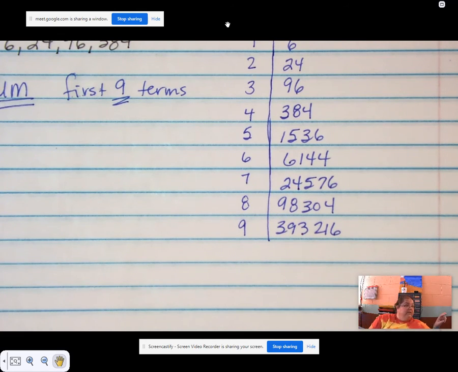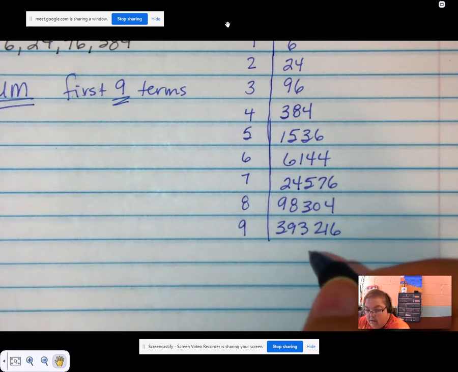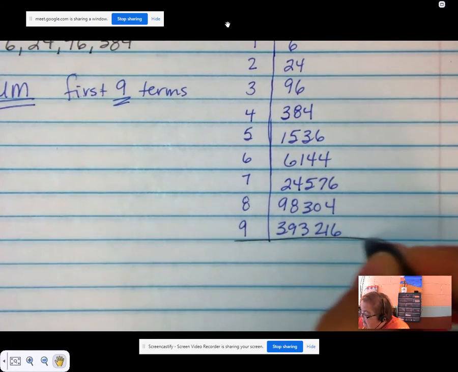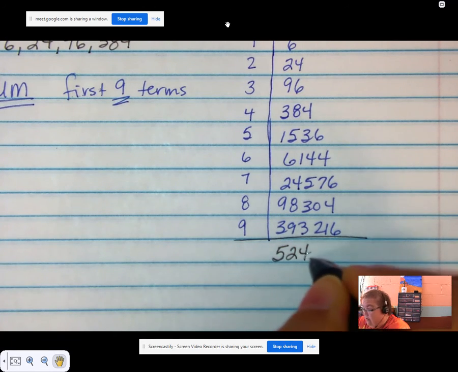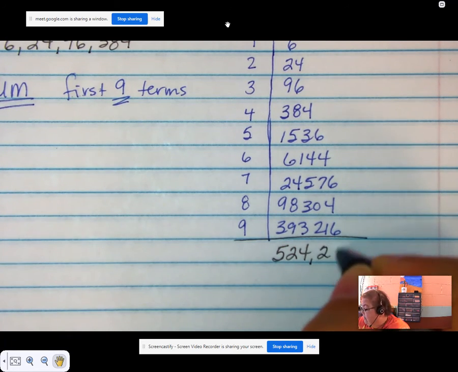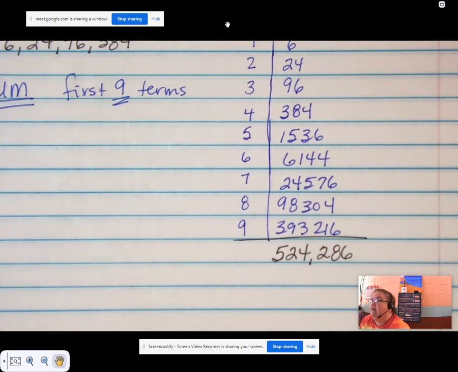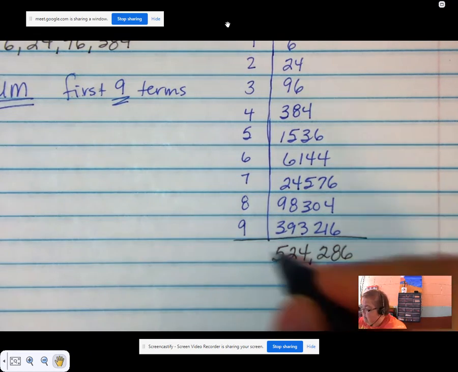So there are two pieces to this. First of all, I got to find all 9 terms, right? And actually, I just have to find 5 through 9. Then I have to add them together. And when you do that, you should get 524,286. And that is your answer.